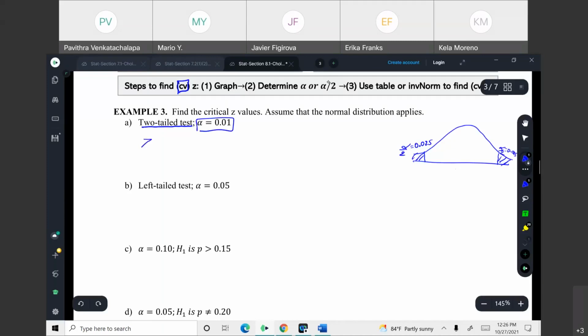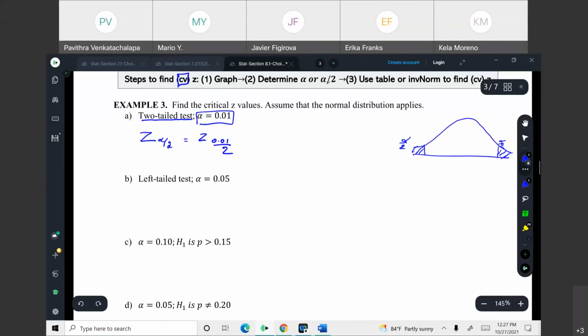So you are supposed to find Z alpha by 2, Z 0.01 by 2.